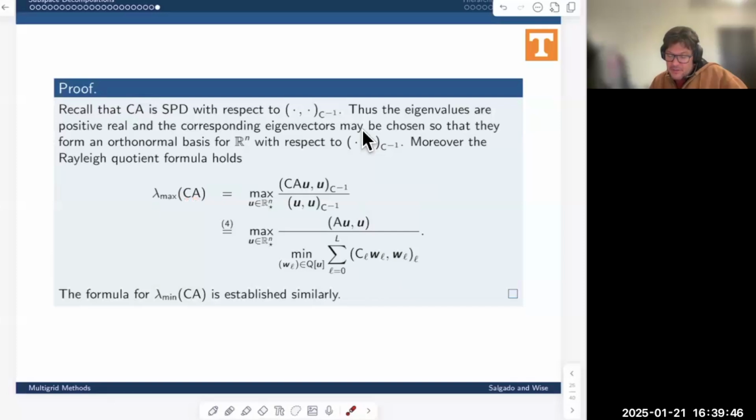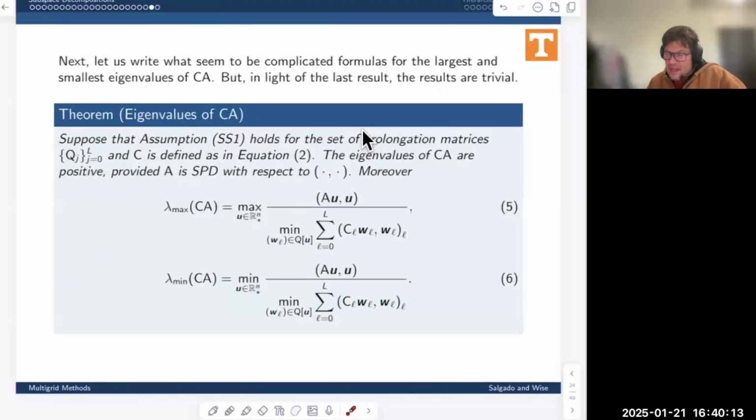And now my last little lemma told me I could replace this with the min. So when I calculate this, instead of using this thing on the bottom, I'm going to use this thing on the bottom. I'm going to replace it. Again, this doesn't look like I've done anything which is going to help me in any way, shape, or form. It doesn't look like it's made my life any easier, but it actually has. It's going to allow me to analyze the eigenvalues of this product matrix much more easily.